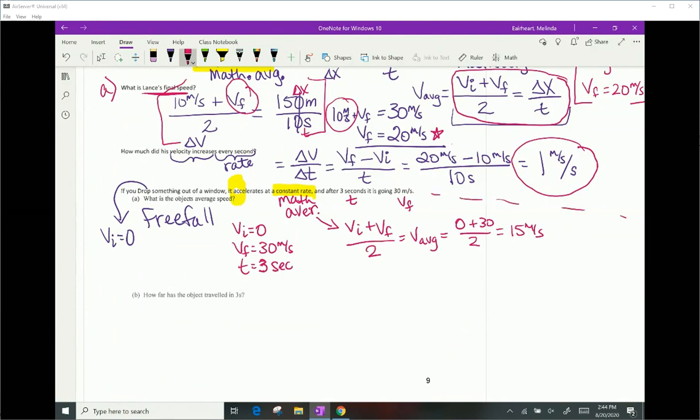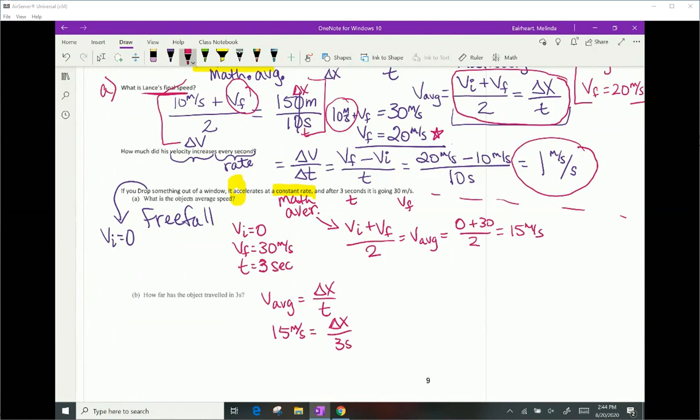Then part B says, how far has the object traveled in 3 seconds? This is going to be our defining equation of average velocity, displacement over time. So I know 15 meters per second equals the displacement, which I'm looking for, over the time, which is 3 seconds.